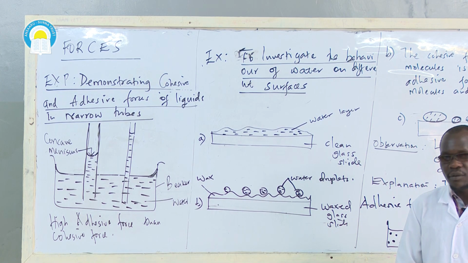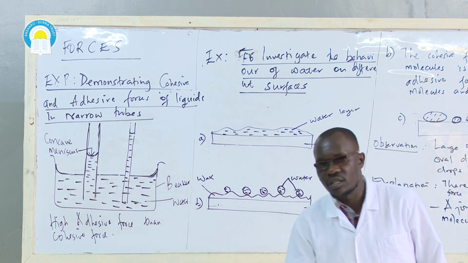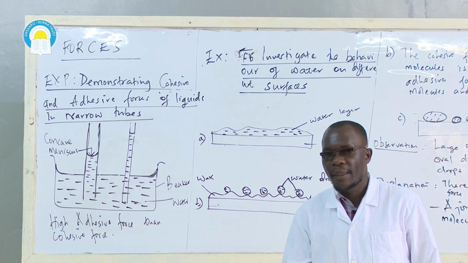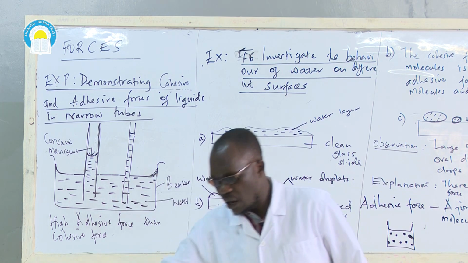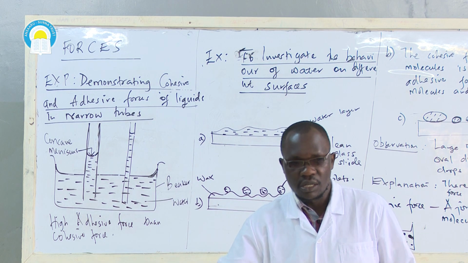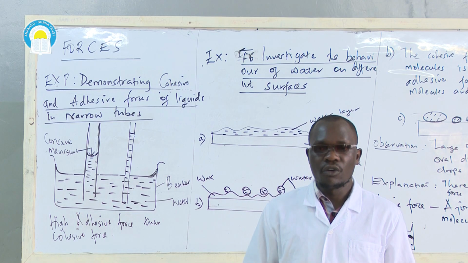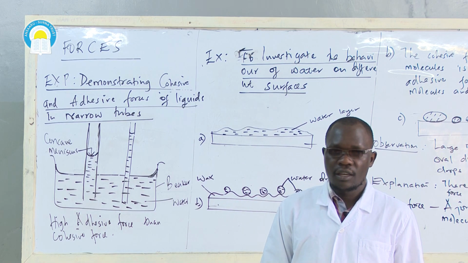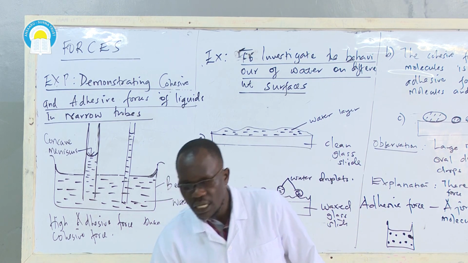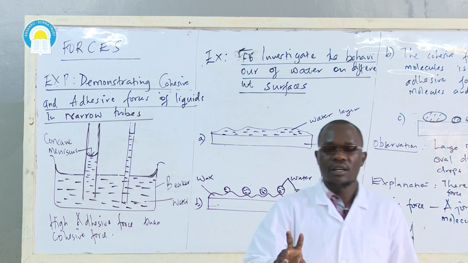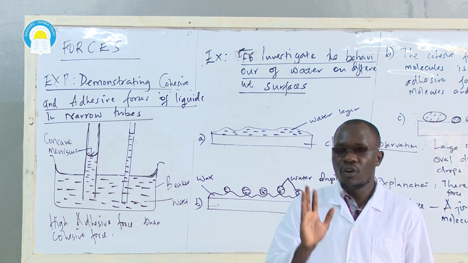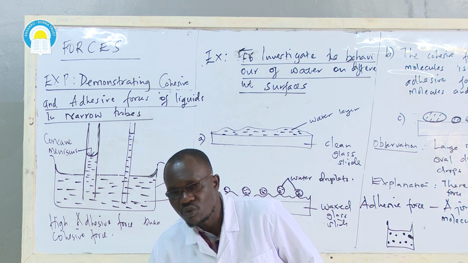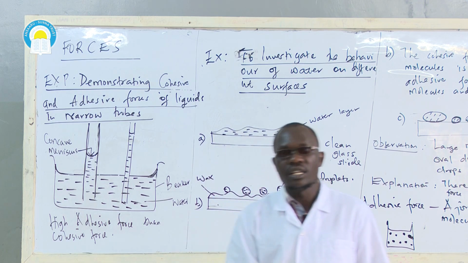And I've given an example. When I talk of same kind, a water molecule and another water molecule, that is a force of attraction between similar molecules. A water molecule and a glass molecule are different molecules. That force attracting a different molecule to another different molecule is adhesive force.